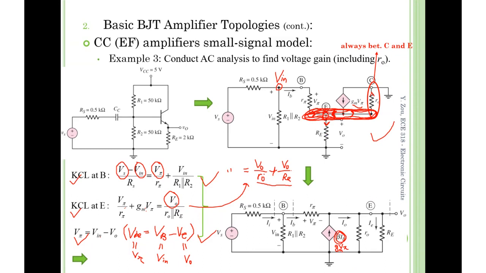Does it make sense? V0 is from here to here. This is the polarity of V0 for R0. So if you're using V0 over R0, or maybe VE over R0, then the resulting current is upward, leaving the node. These are the details you need to take care of.